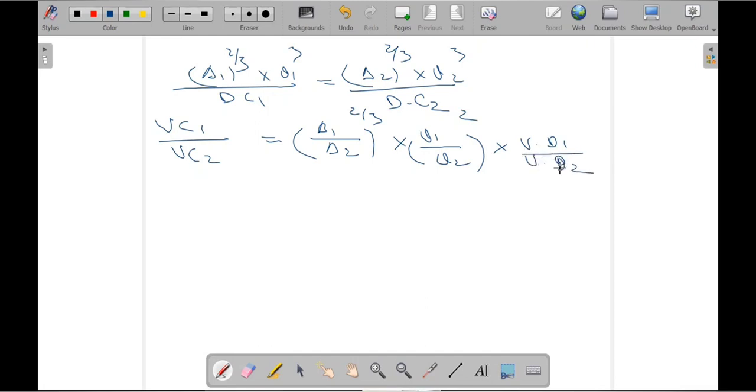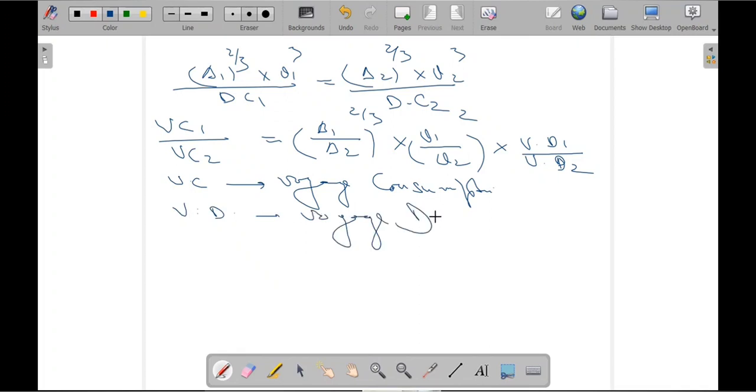Now VD1 and VD2 we are writing as short form. VC is voyage consumption and VD is voyage distance. Voyage consumption will be in tons. Voyage distance will be in nautical miles.